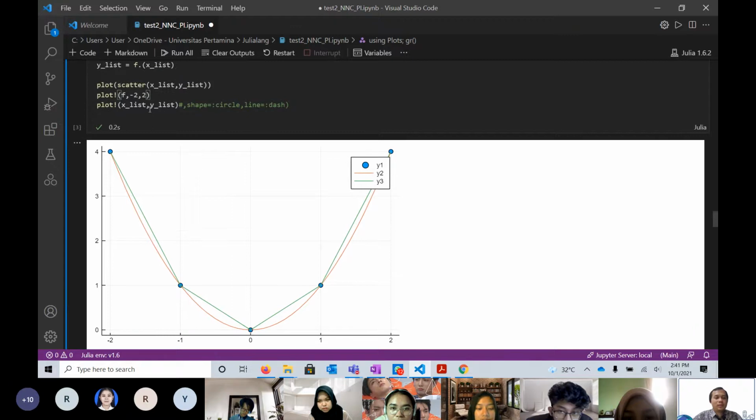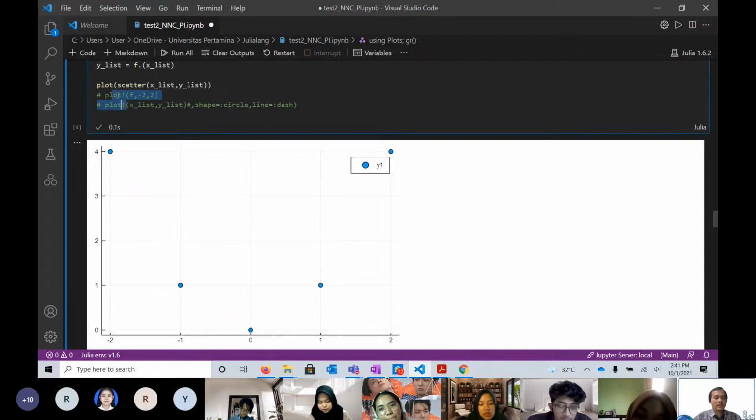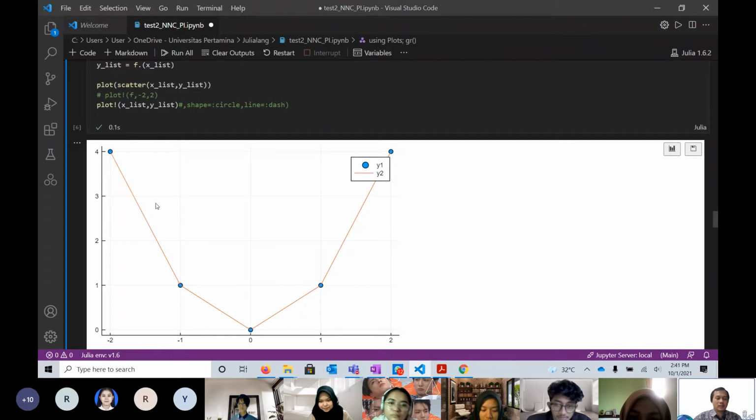So basically what I want to show you here is that when we have only the points like this, then we just simply connect the points. We will have something that looks like this.